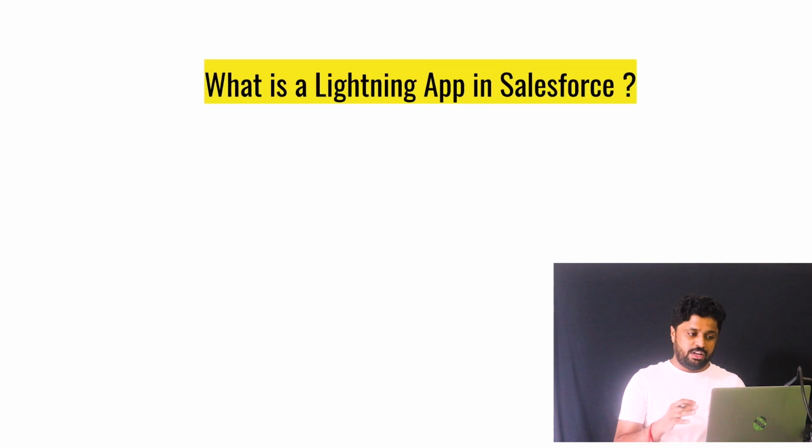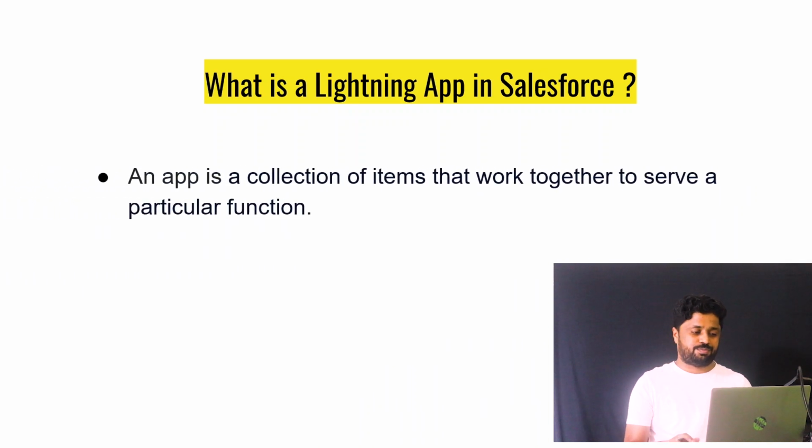Okay, Salesforce is made up of apps. Then what exactly is this app? What is an app and why is it useful for us or for any business in the Salesforce?